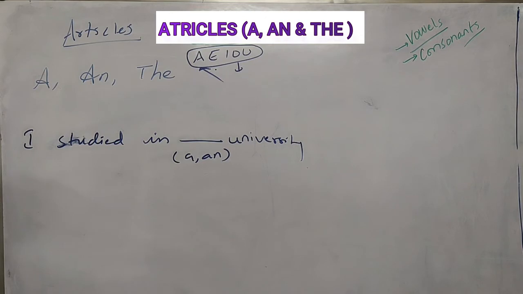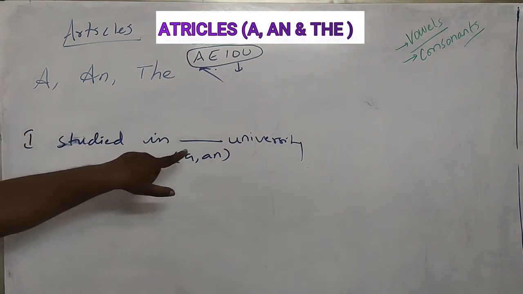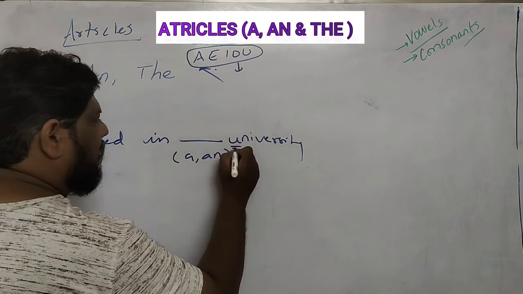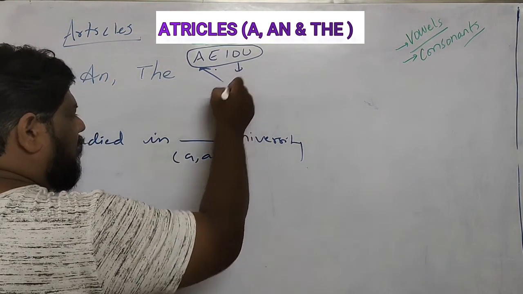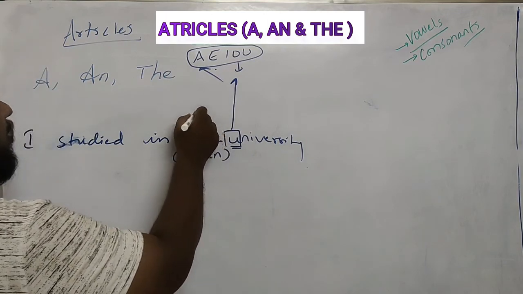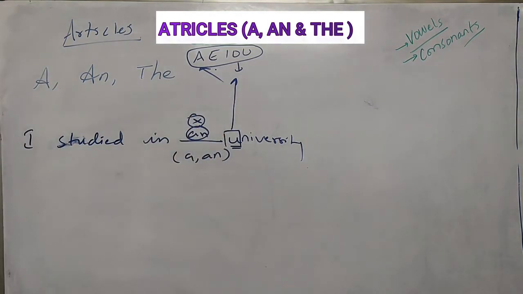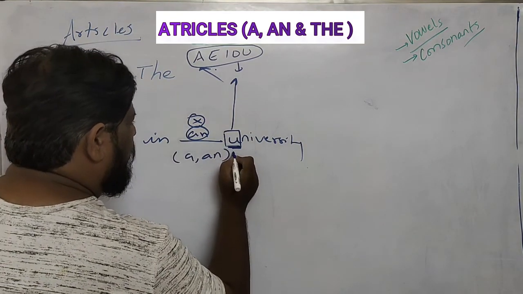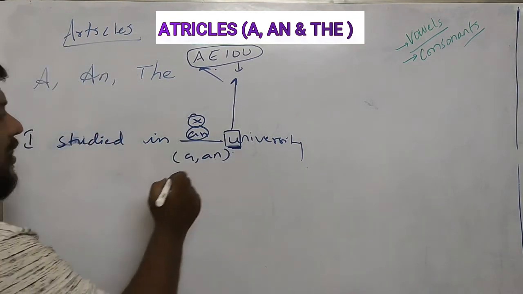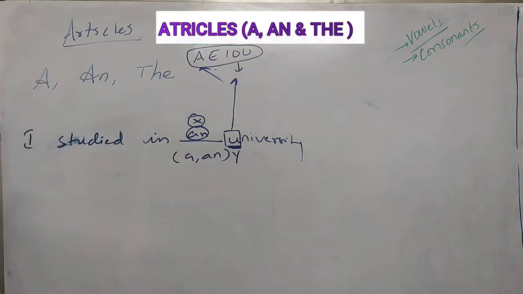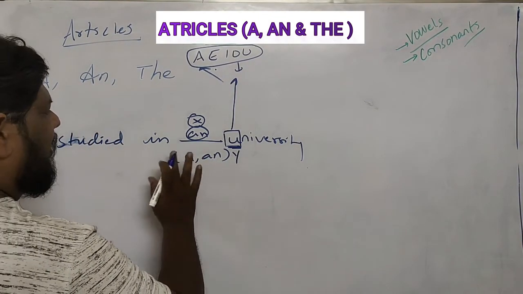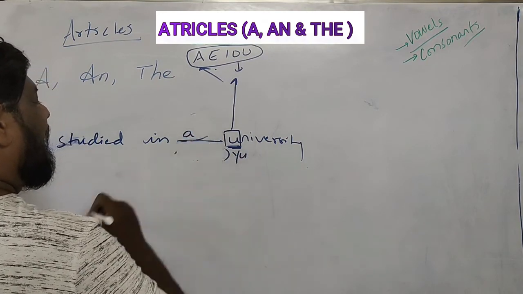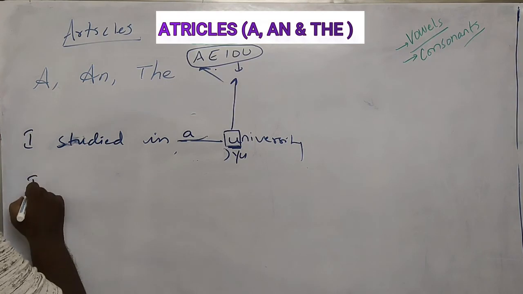So what do you do now? I studied in dash university, A or "an"? Because U is a vowel, if you write "an", it will become wrong. If you observe very carefully, the sound of this U is not the U sound, it is a Y sound, "yuniversity". So that's why here you will write A.